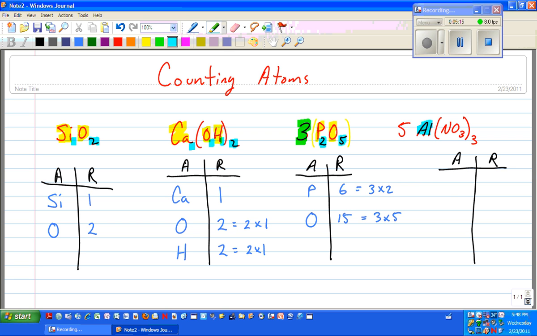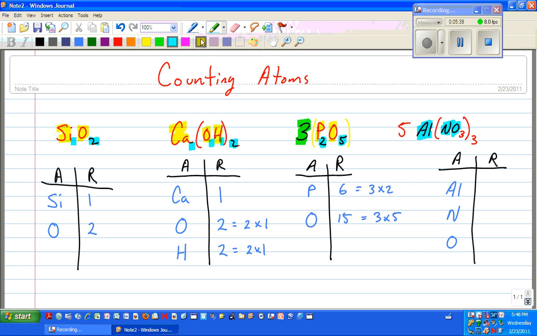I'm going to go ahead and identify my atoms. I've got aluminum. I've got nitrogen. Again, I'm taking that nitrate ion and breaking it up into its basic elements. I've got oxygen, and that's it.